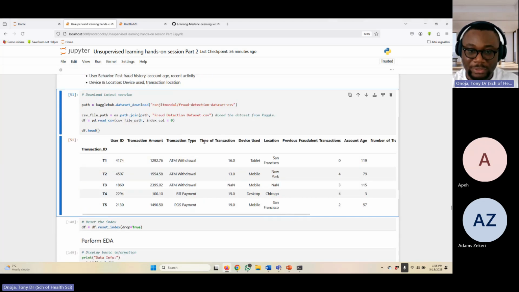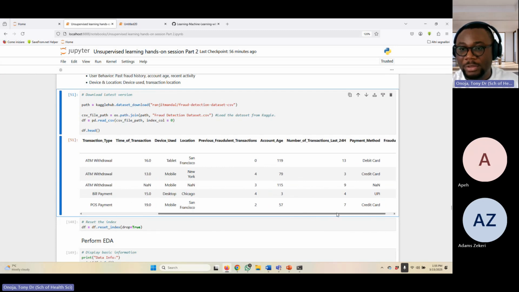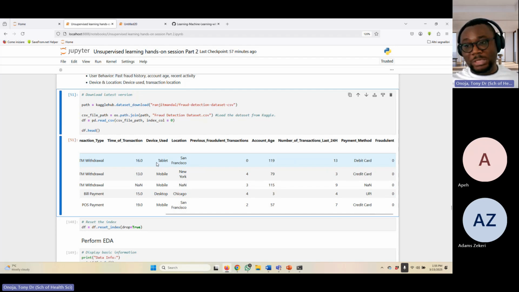You could see the transaction type, ATM withdrawals, bill payments, the transaction amounts, the user ID, the location where the ATM was used, previous fraudulent transactions, and the number of transactions in the last 24 hours. So this is a very good data set.